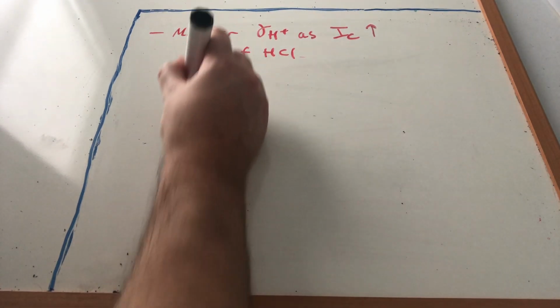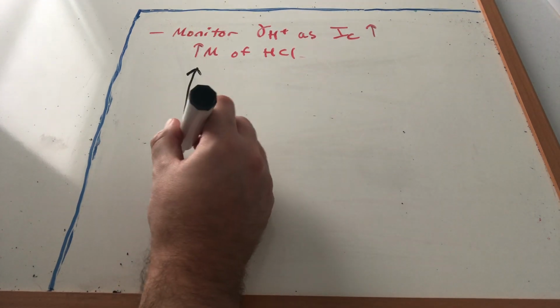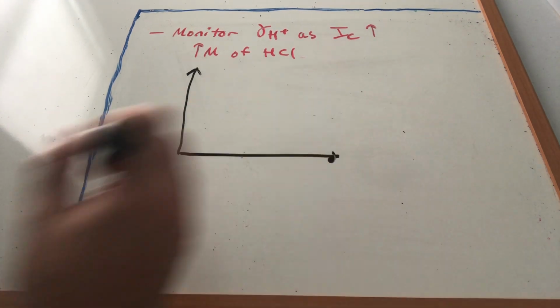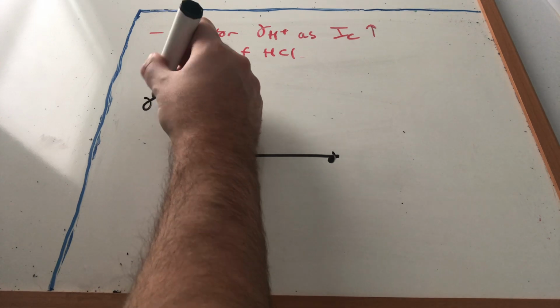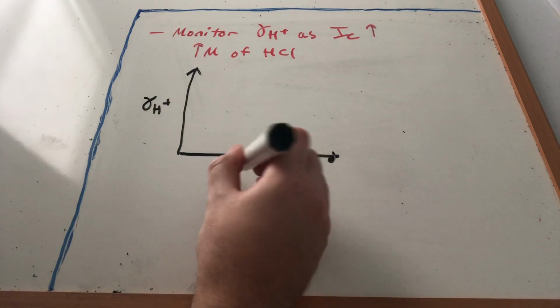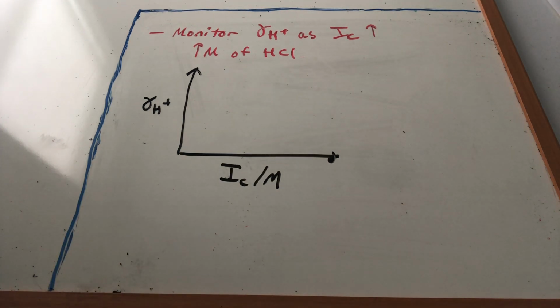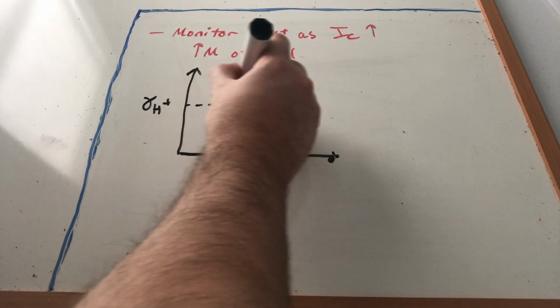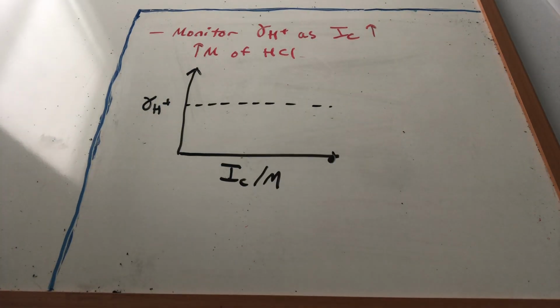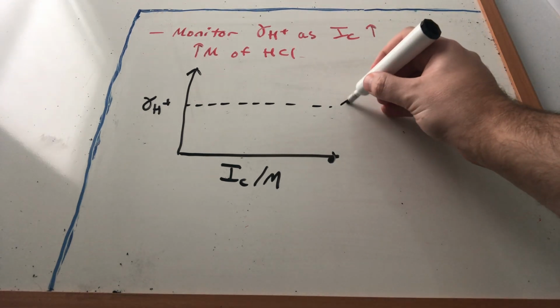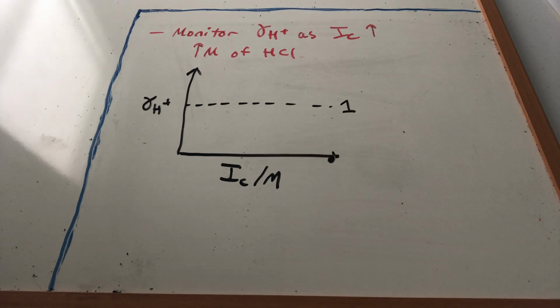So what we're going to put on this axis is gamma for H plus. On this axis, we're going to put ionic strength. On this axis, I'm going to note down where 1 is, because remember, that refers to an ideal situation.